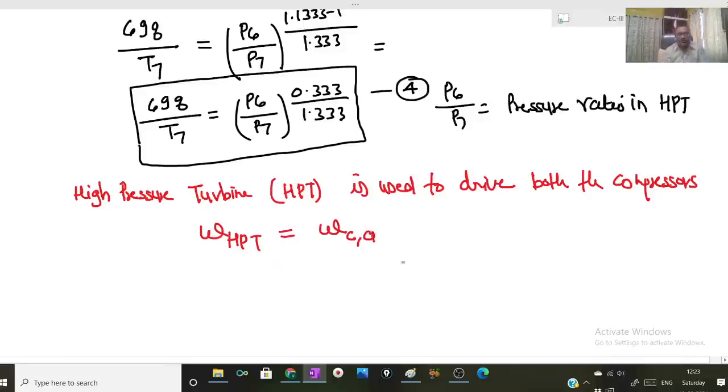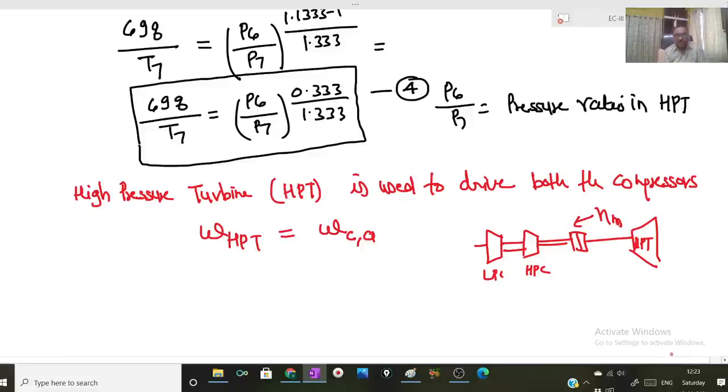Okay. Now between the compressors and turbine shaft there is a coupling, and this coupling is having mechanical efficiency.